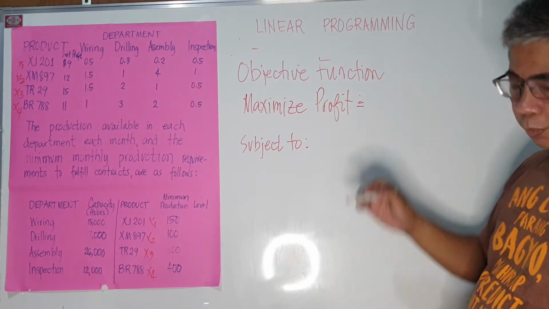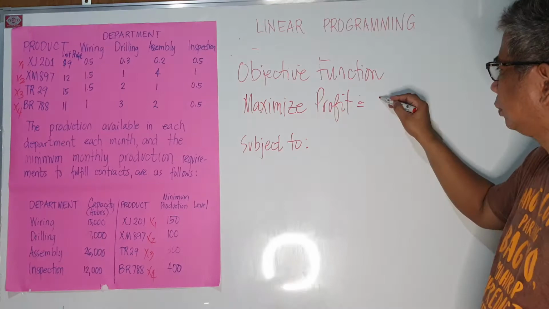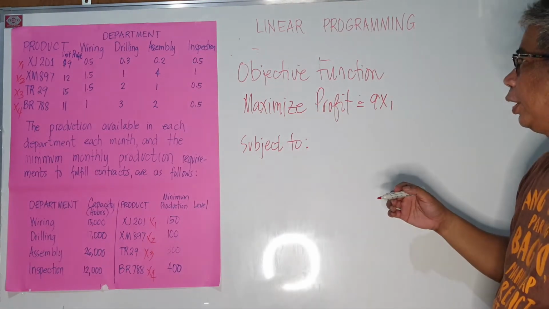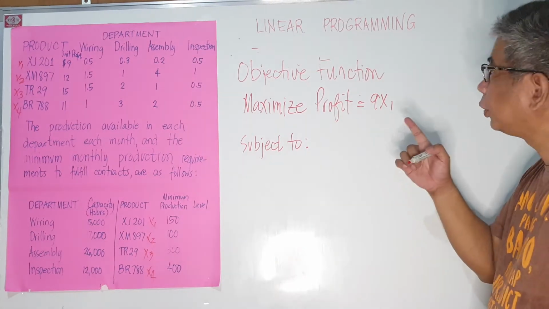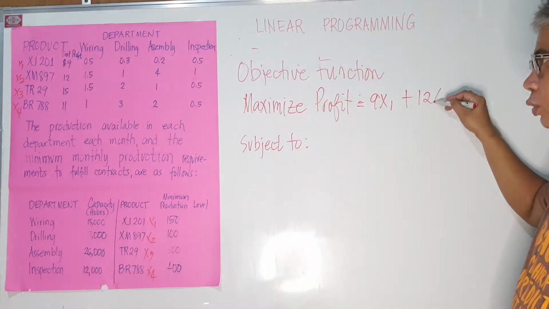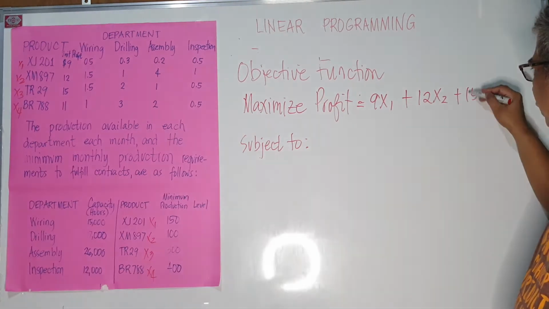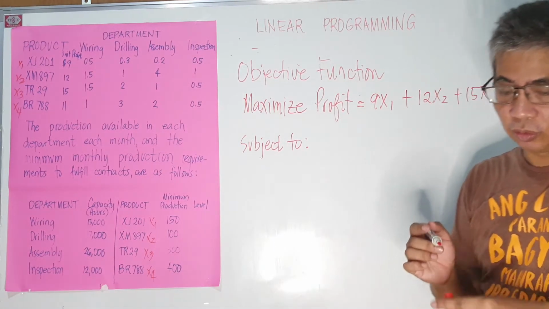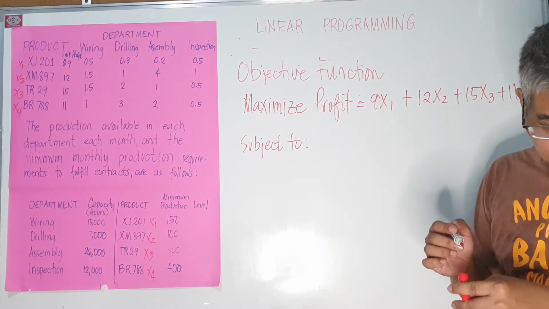So the profit can be maximized. So, kung ano yung profit per generated per unit of each product. 9x1 plus 12x2 plus 15x3 plus 11x4. Okay? Yun yung profit natin.